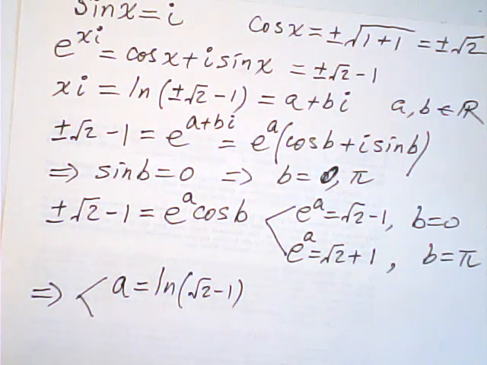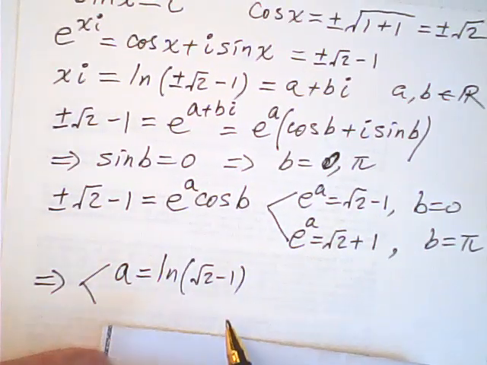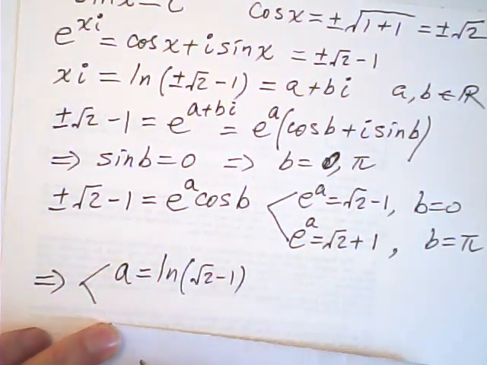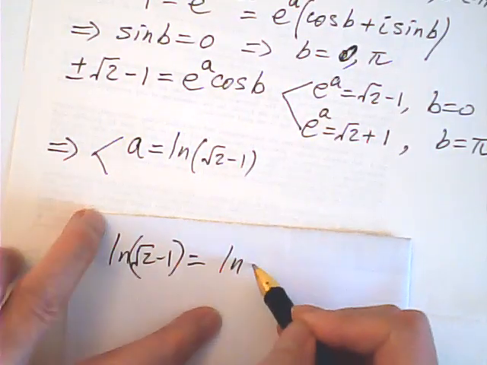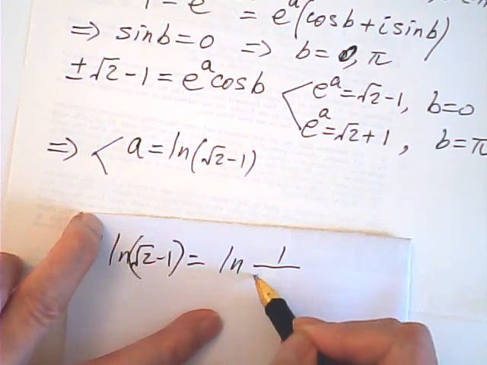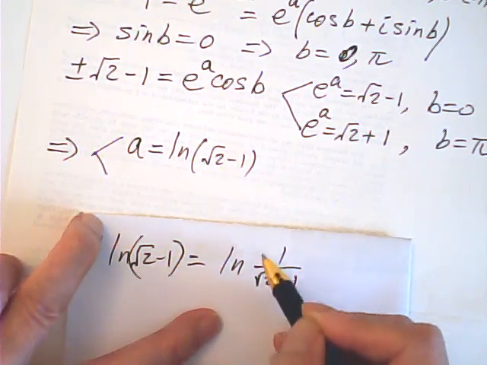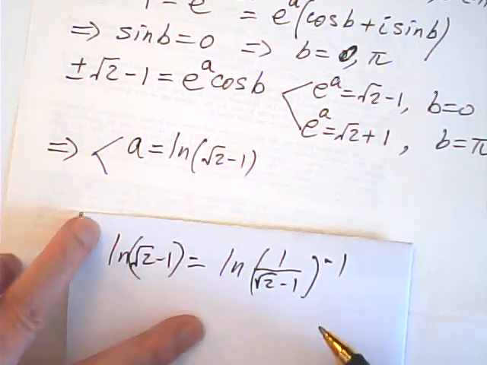Now, natural log root 2 minus 1 could be written this way. Natural log root 2 minus 1 is equal to negative natural log of 1 over root 2 minus 1, right?